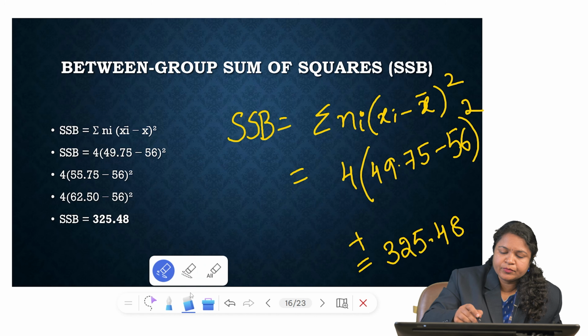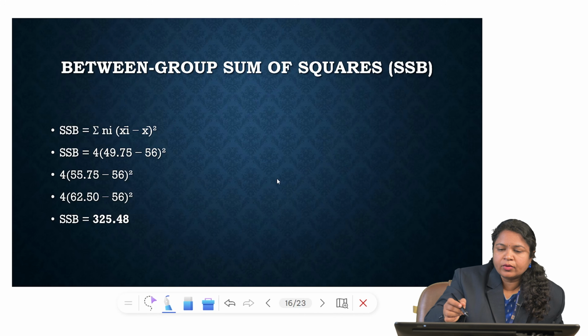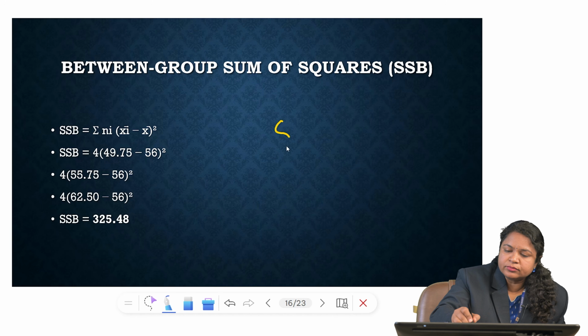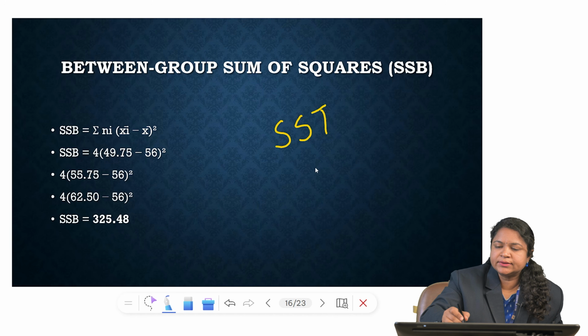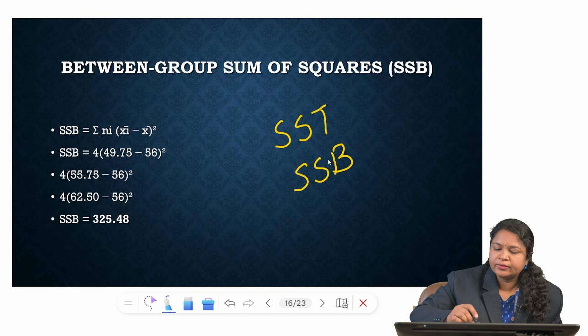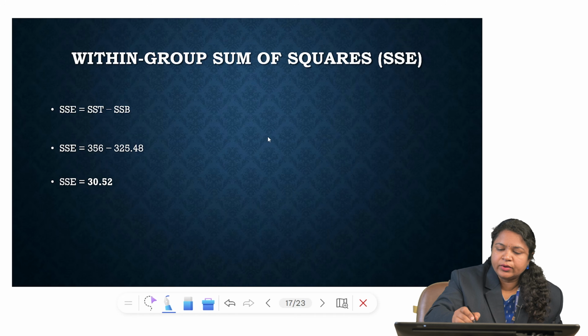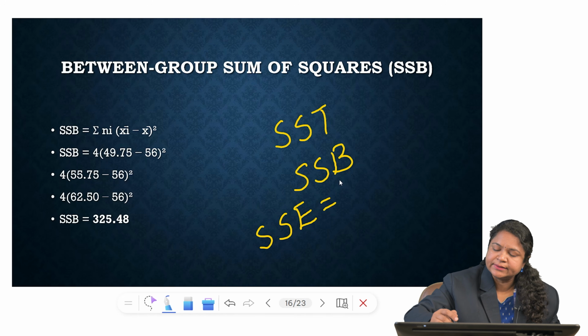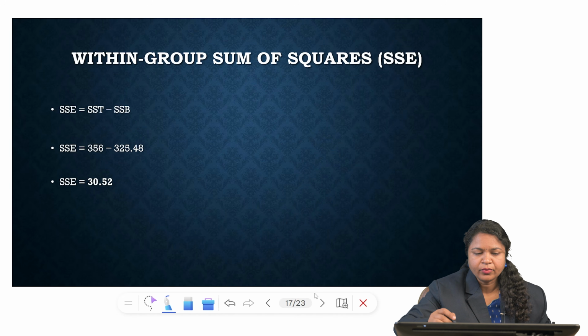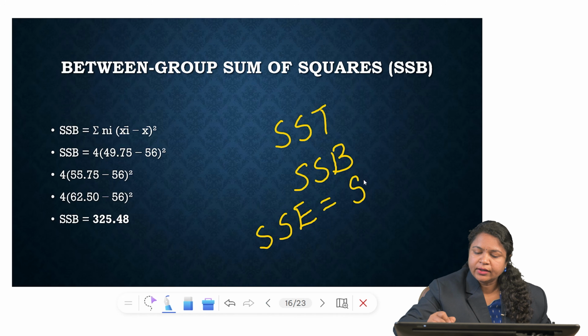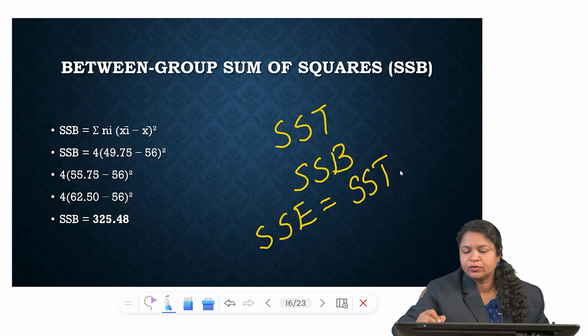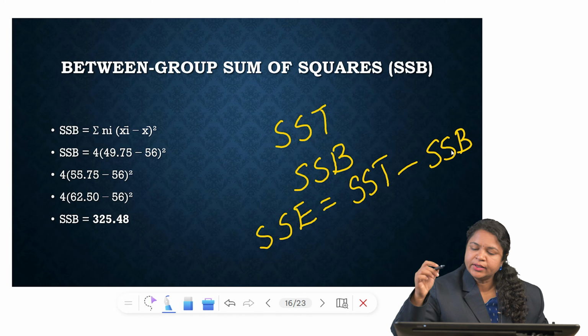Now we know the total sum of squares and we have SSB, so we have to find SSE. Your SSE is nothing but the total sum of squares you calculated minus the sum of squares between the groups.